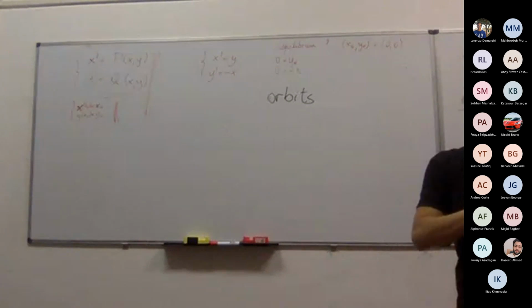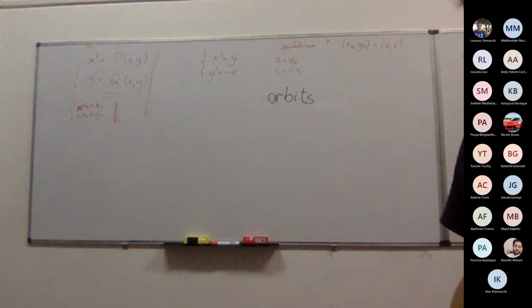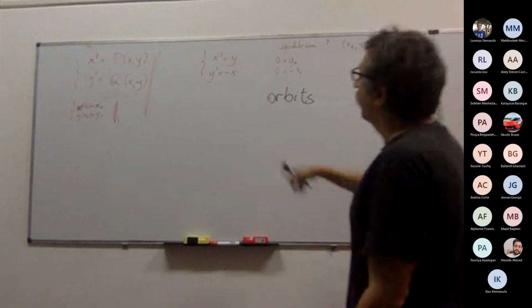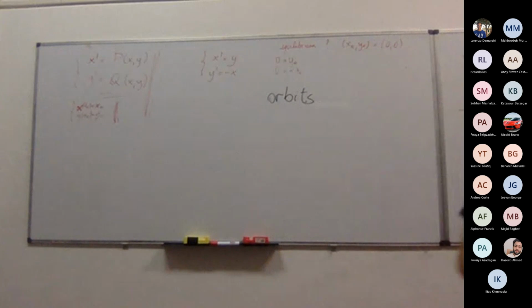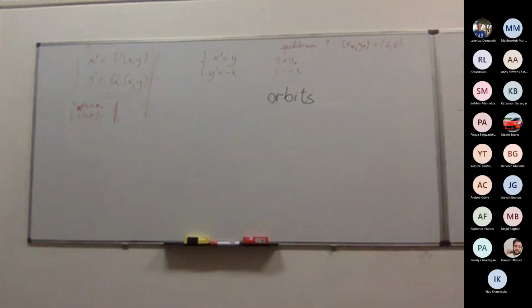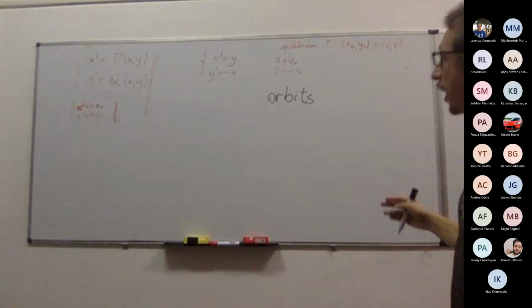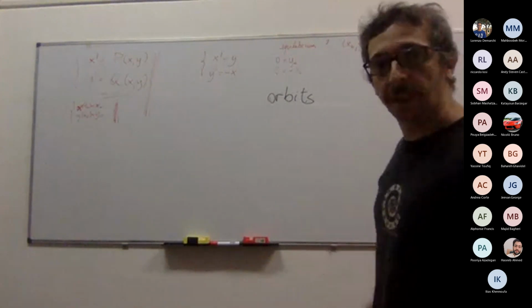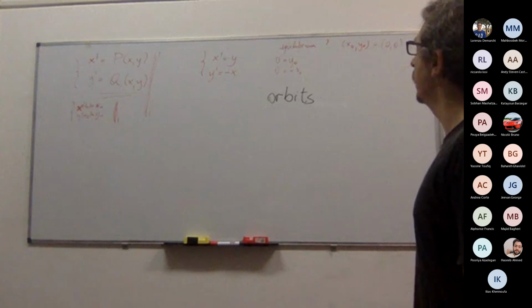Okay. So what we want to find now are the orbits of this system here. For the orbits, you have to massage the equations a bit. There are a couple of tricks that you can use to find the orbits of this system.